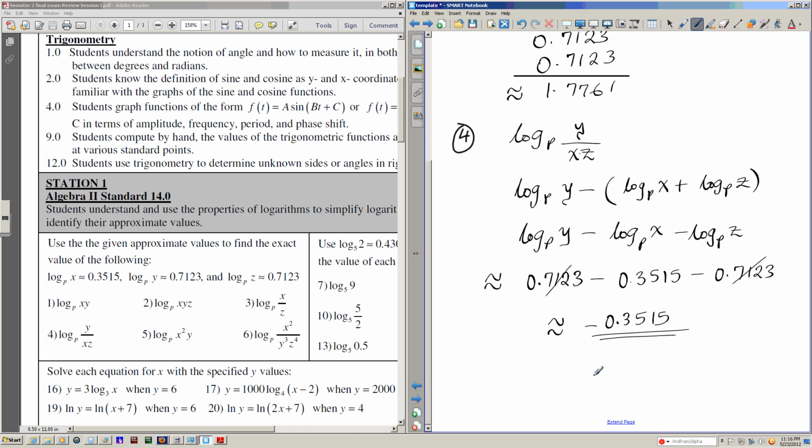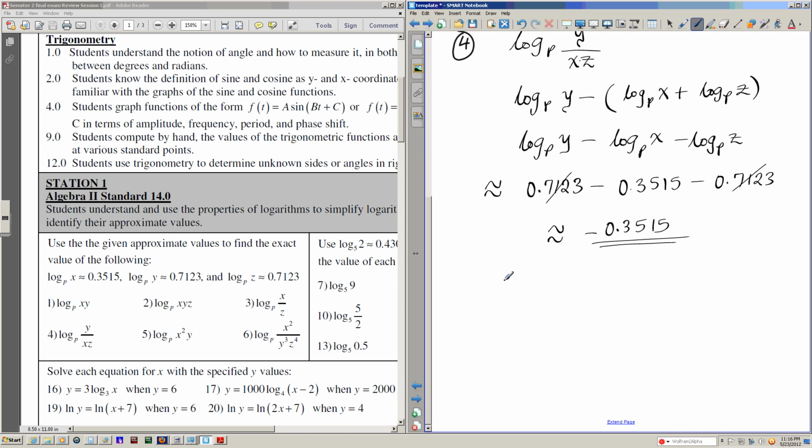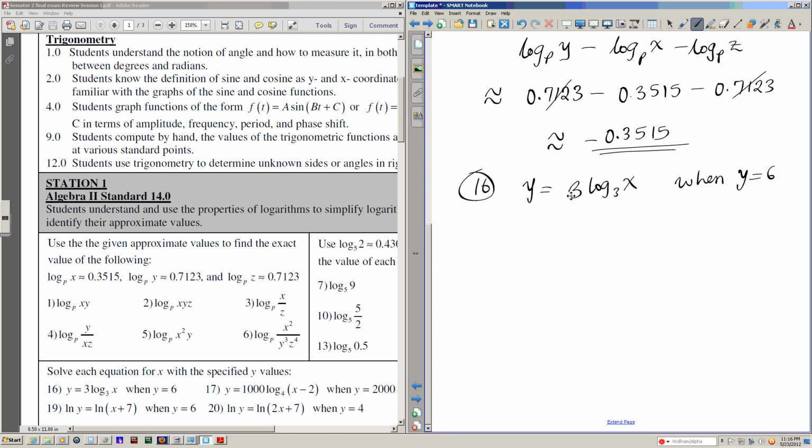All right, now let's take a look at number 16. We're asked to solve this equation: y equals 3 log base 3 of x, when y equals 6. All we simply do is plug in the value of y into this equation and solve for x.